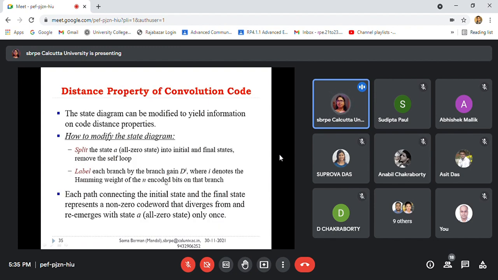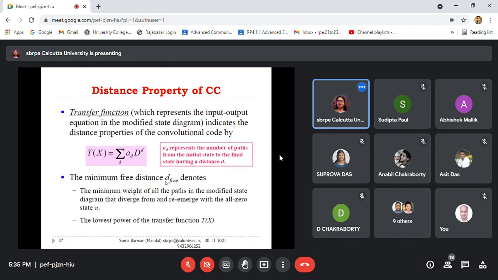So obviously you have to choose the one which is less. Okay, so this is the minimum free distance. The minimum free distance here is d to the power 6. So you have to choose that path and discard the other path. Which path survives will be decided based on the distance. So this is the distance property.